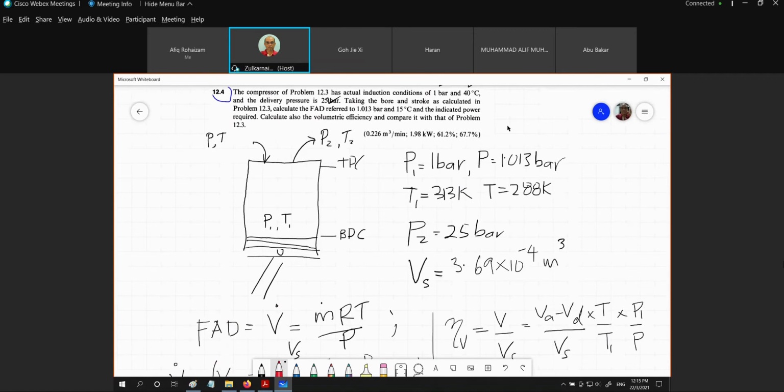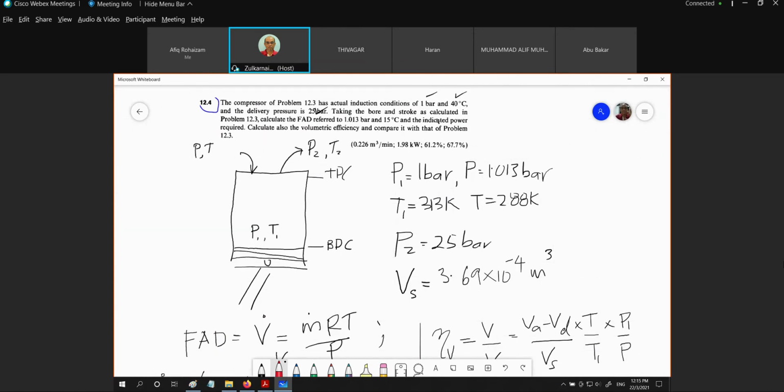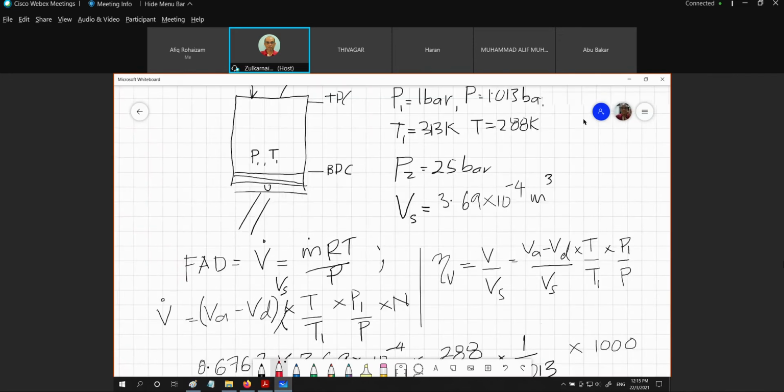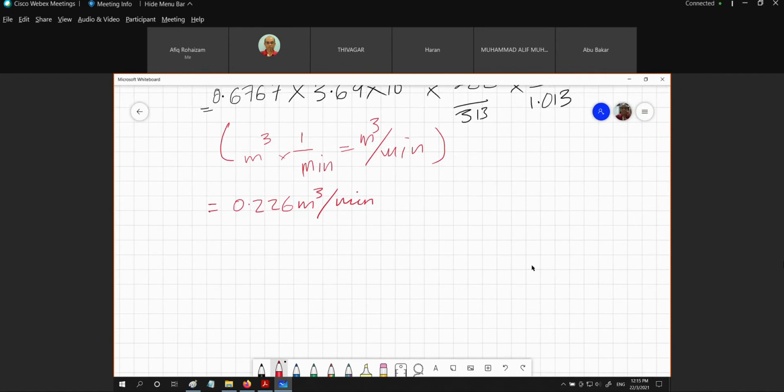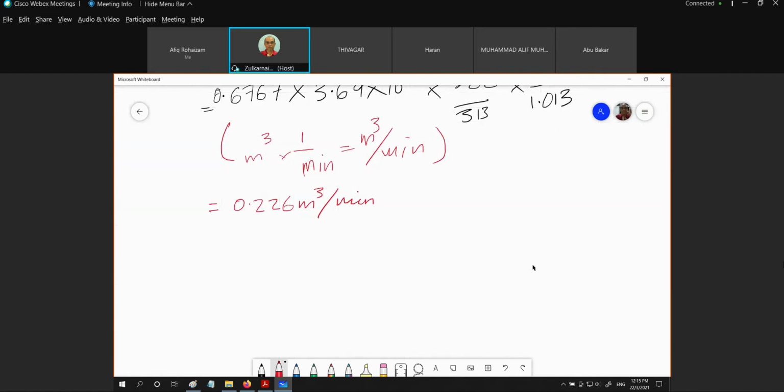Right. And then kita dah dapatkan dia punya FAD, we need to calculate the indicated power. Number 2, indicated power, IP. So IP is the same equation, sama dengan N over N minus 1 M dot R times T2 minus T1. Do you think that the M dot is sama dengan 12.3?